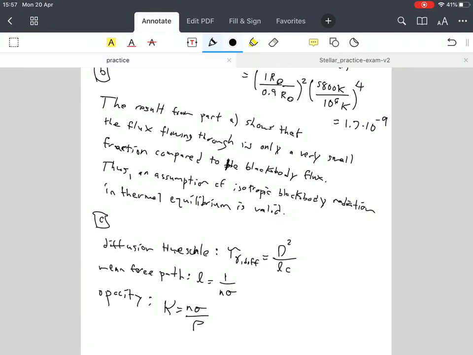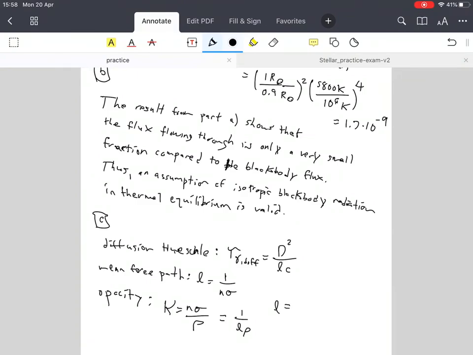Now that's good because we don't know n sigma, but we do know kappa and we know rho. So we can write the mean free path in terms of things we know. Let's substitute in that n sigma is now 1 over L. So this means we've got 1 over L times rho.